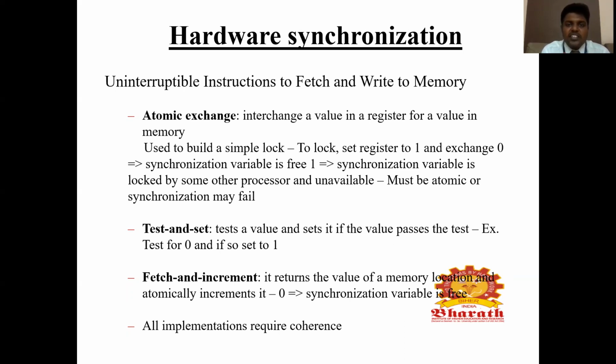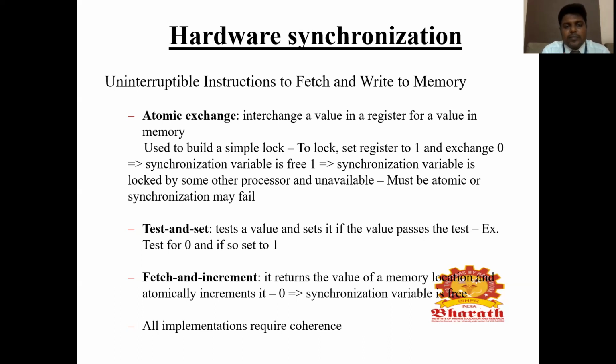So there is an interchange, a swap occurs; use it to build a simple lock. To lock, set register to 1 and exchange with 0. If the synchronization variable is 0, it is free. If it is 1, the synchronization variable is locked by some other process and unavailable. It must be atomic or synchronization will fail.